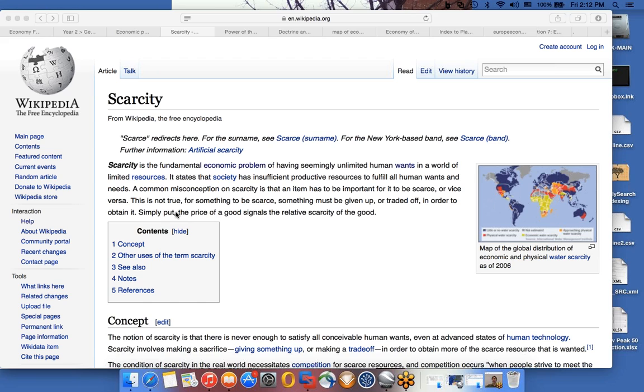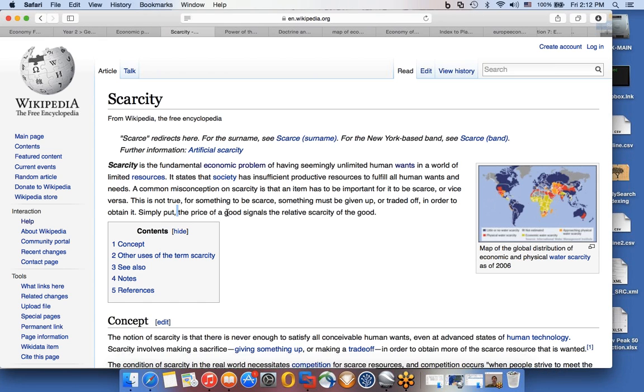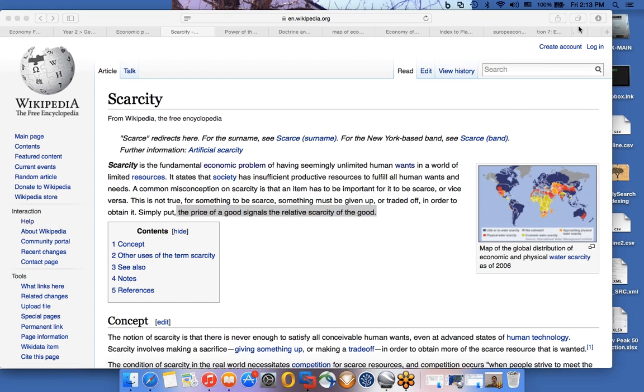And so the price, this is a very important thing to understand: the price of a good signals the relative scarcity of that good. So the price of something is a sign of how much or how little of that there is.